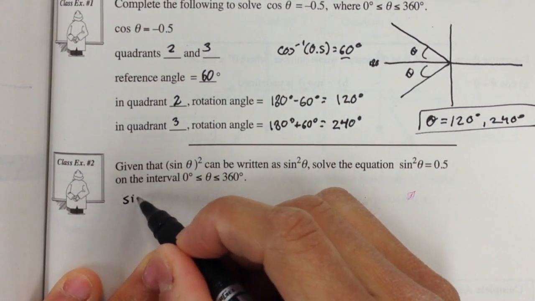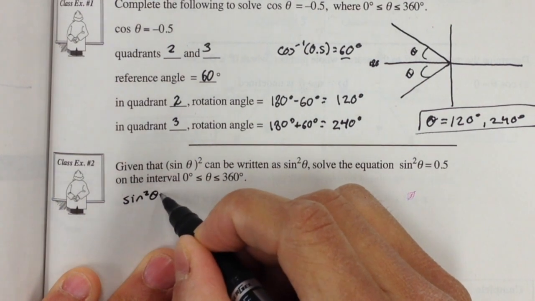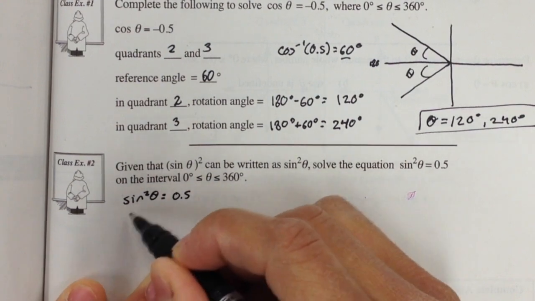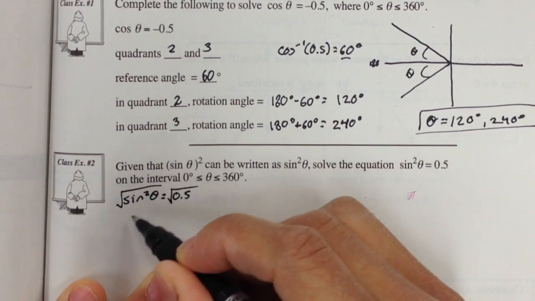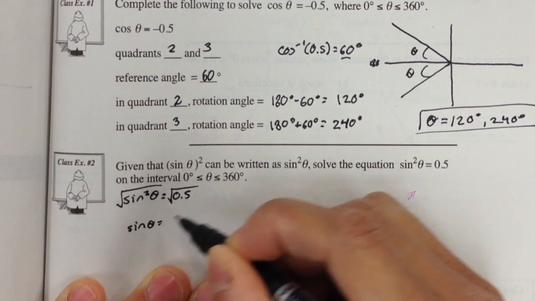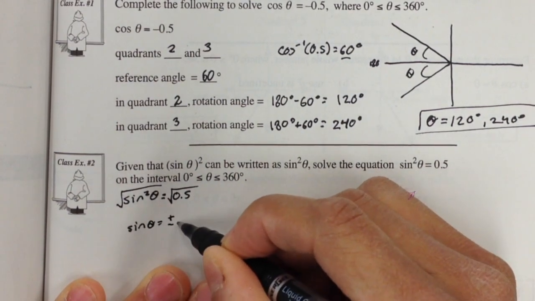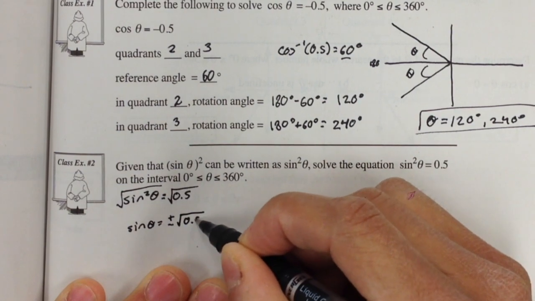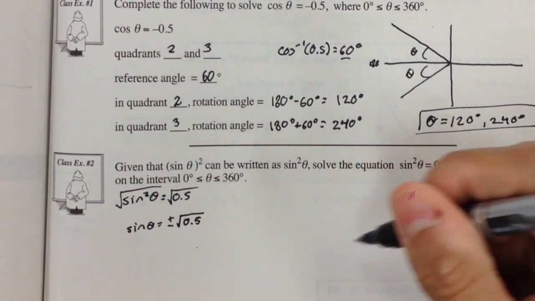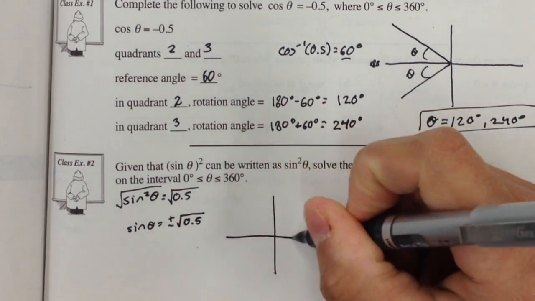If sine square theta is equal to 0.5, I can take the square root of both sides to find just sine theta. The square root leaves me with the two options of positive and negative values.